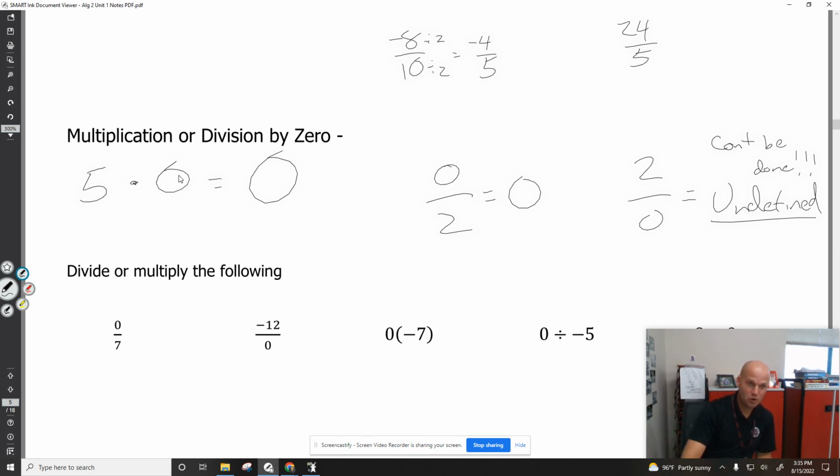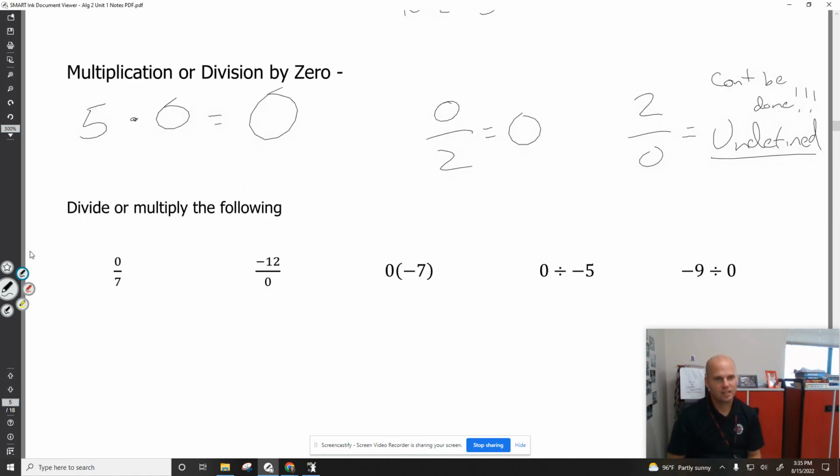When 0 groups of something is always 0, how can you take 0 times something and turn it into 2? Can't. So it's like how many groups of 7 gives us 0? That's easy. 0. 7 times 0 is 0. But what do you multiply 0 by to get 12?